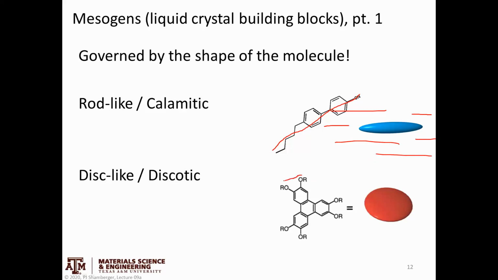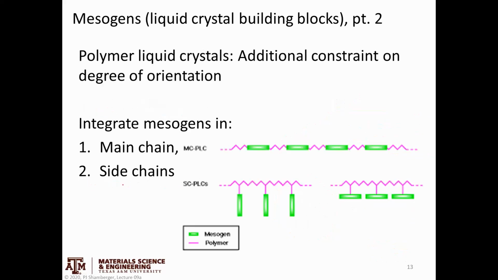Similarly, if I have a flat or planar molecule, it might make something that looks a lot more like a disk, and disks will tend to stack on top of one another, something like this. So we can classify these into rod-like or calamitic liquid crystals, or disk-like or discotic. I tend to just use the simpler terms rod-like or disk-like.